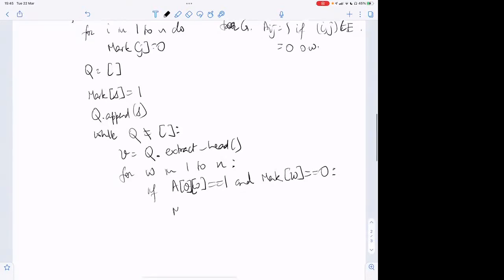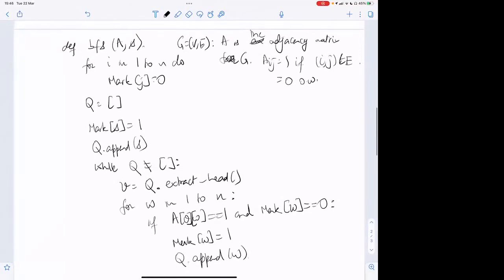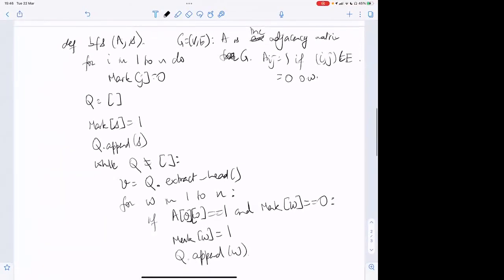Then you mark W equal to 1, and you do Q.append(W). Correct? Am I making sense? Yes. Okay. So this is the very basic BFS algorithm.